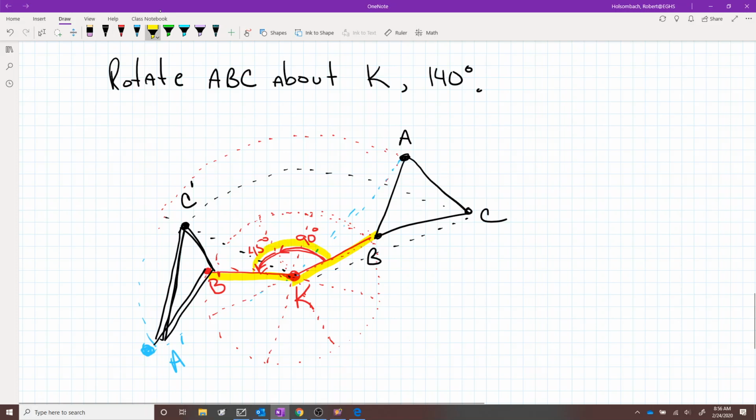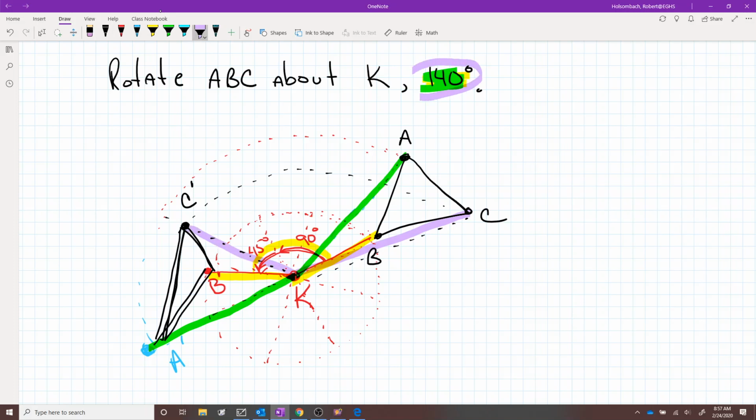And if you went from vertex to vertex, it should match this angle again. And vertex to center of rotation to vertex should match that angle.